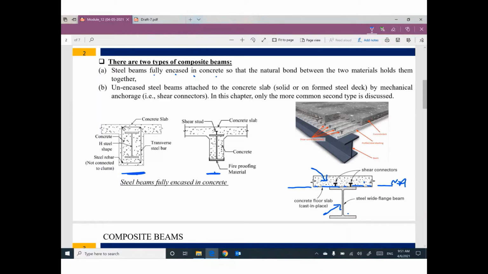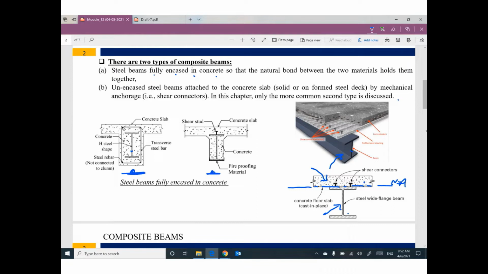I believe the only benefit behind this shape or this shape is that you are protecting the steel beam against fire. But for this one, no, at the first time of the fire, the steel beam will be exposed to fire. So we have two types of beams.